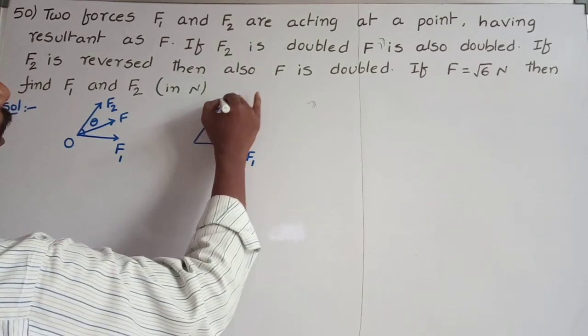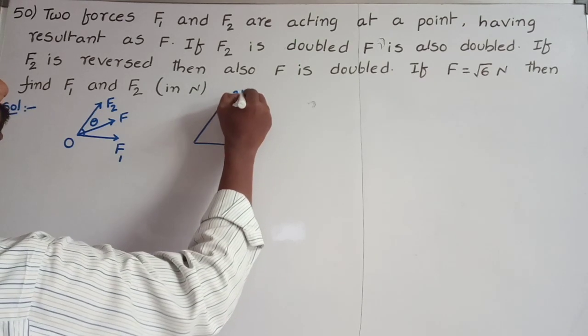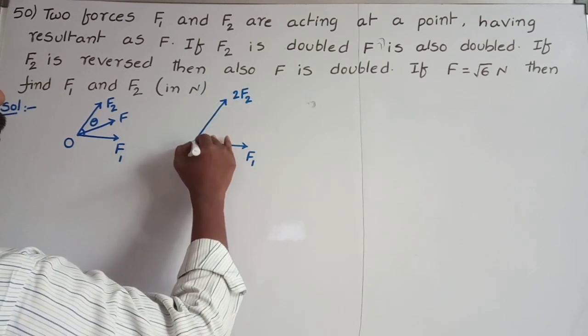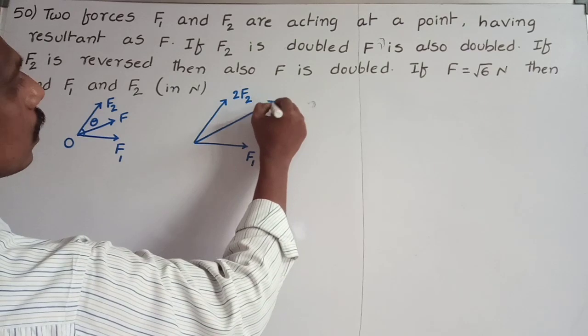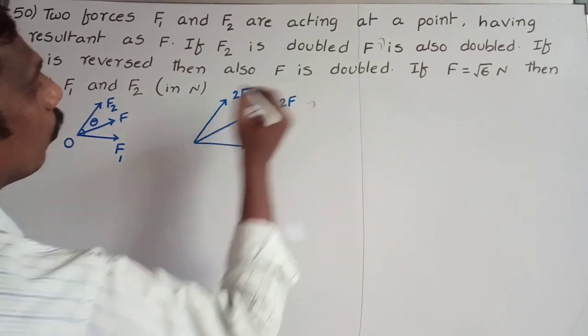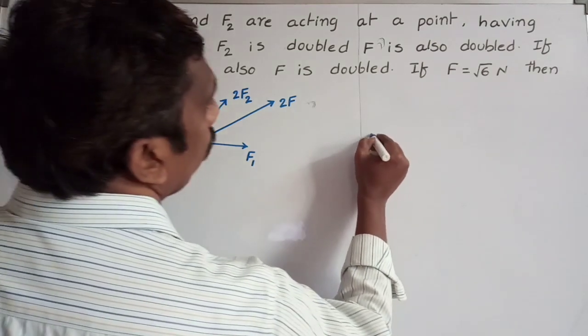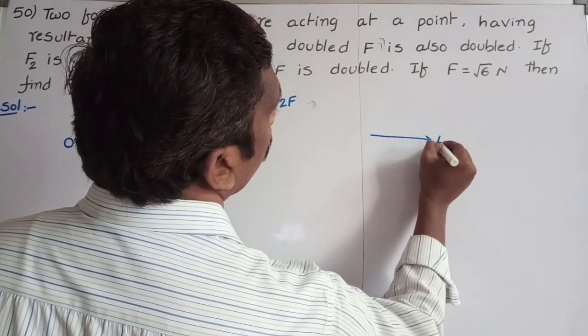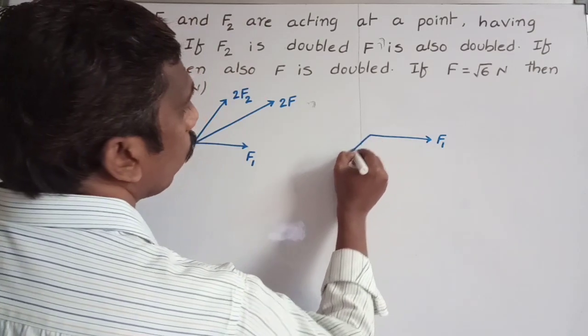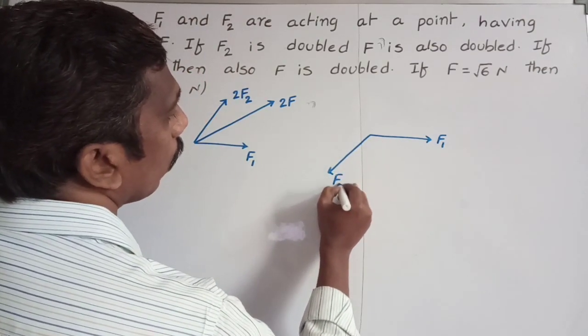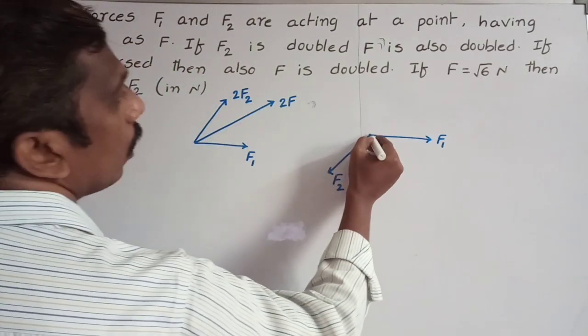F2 is doubled in its magnitude, that means 2F2. Then the resultant is also doubled, 2F. If F2 is reversed, F1 unchanged, F1 only, and F2 is reversed, then also the resultant is doubled.